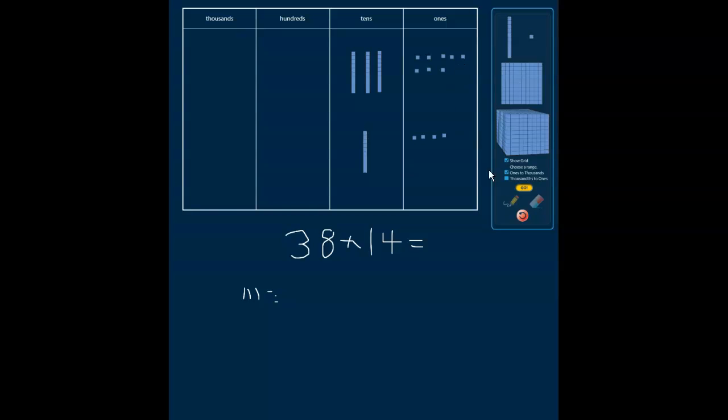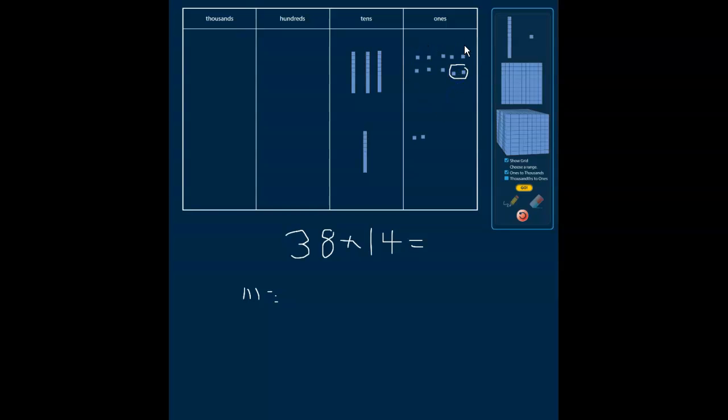Now remember, we said we only needed 2 ones over here to make a 10. So let's go ahead and drag these ones. Okay, let's move 2 of these ones. Let's take these 2 ones and let's put them right here.